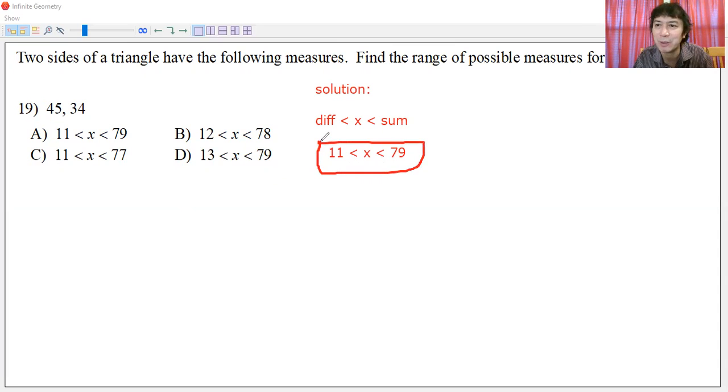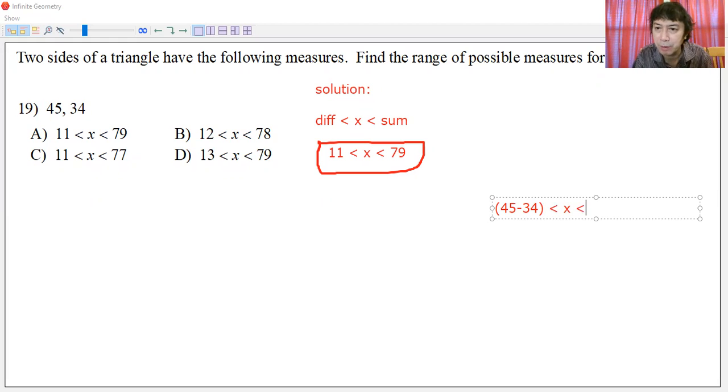I hope you're getting the way to do it. So let me show you the way we did this one. It's like this, 45 minus 34, and then less than, and then we have the x.